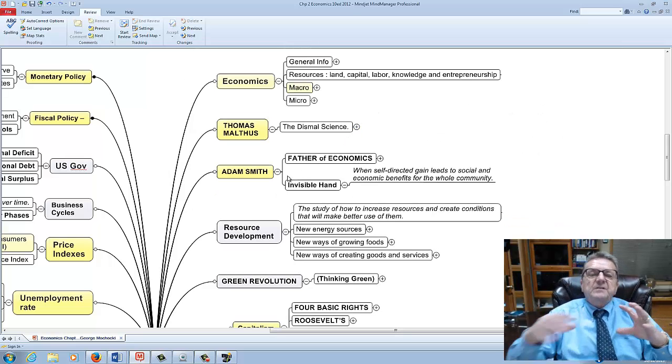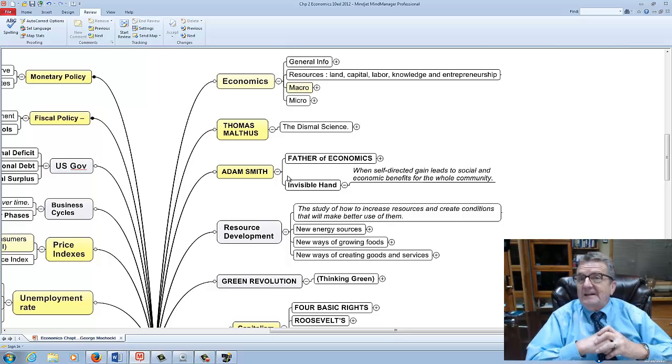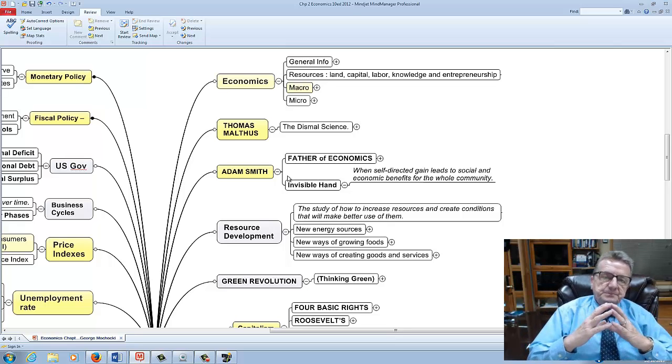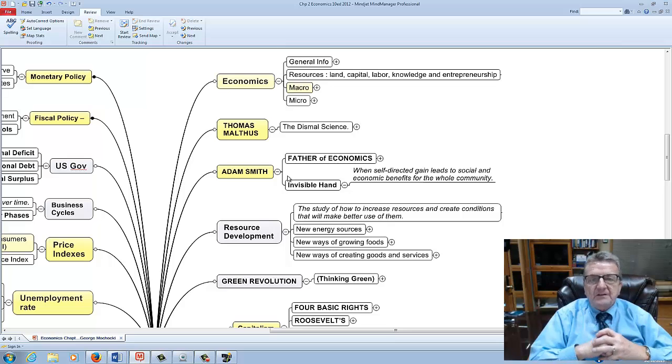Now, Adam Smith is the father of economics, for lack of better words, the capitalistic system. His whole theory looked at the factors of production. As a business owner, as long as I could keep profits, I'm not taxed too much, I have the freedom to build, the freedom to own property, and the freedom to make whatever products I want.